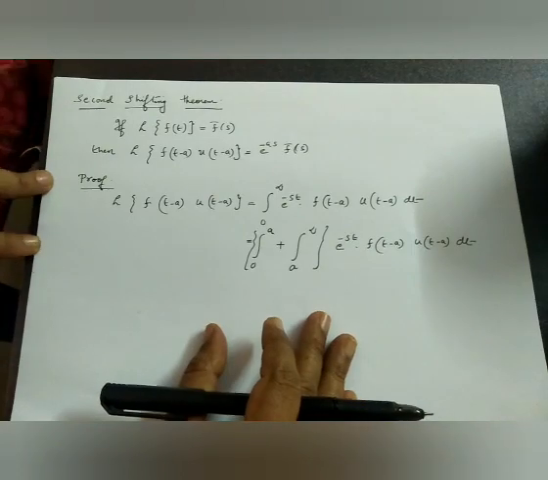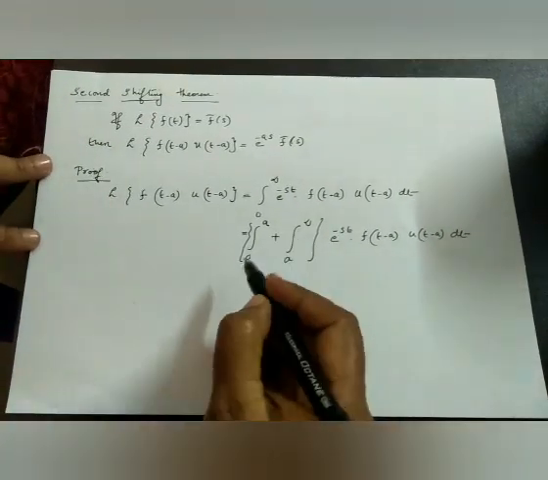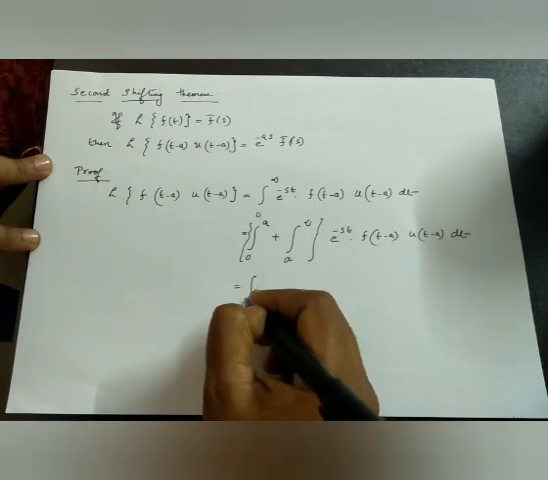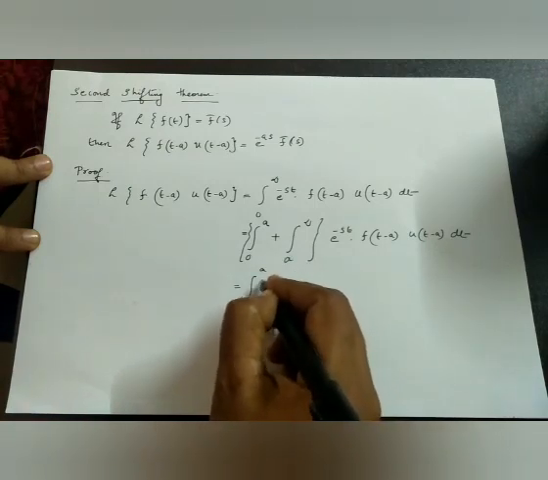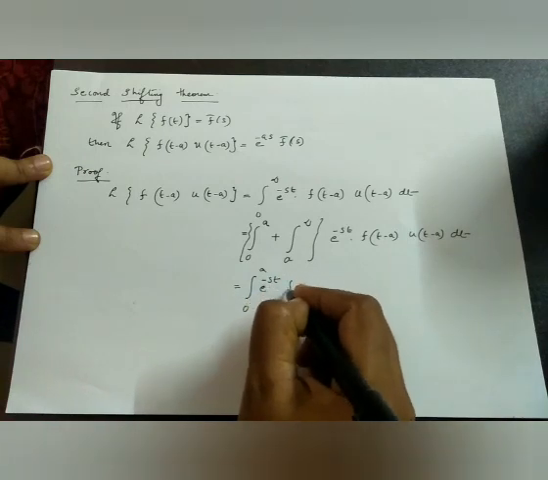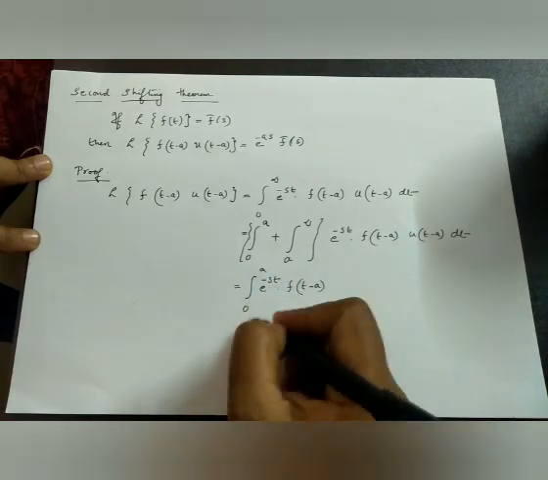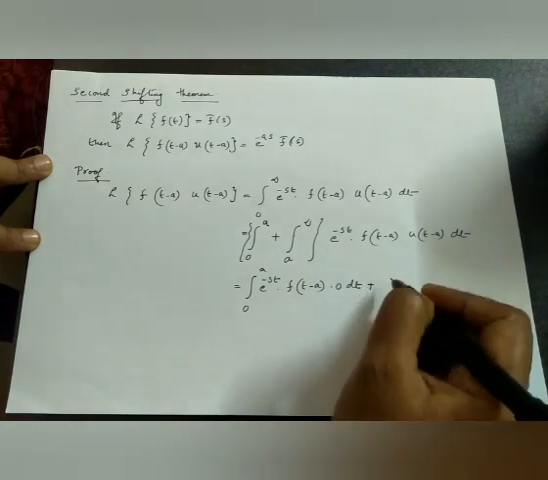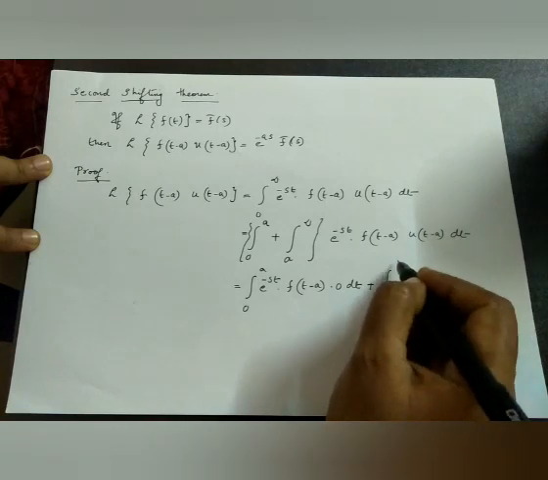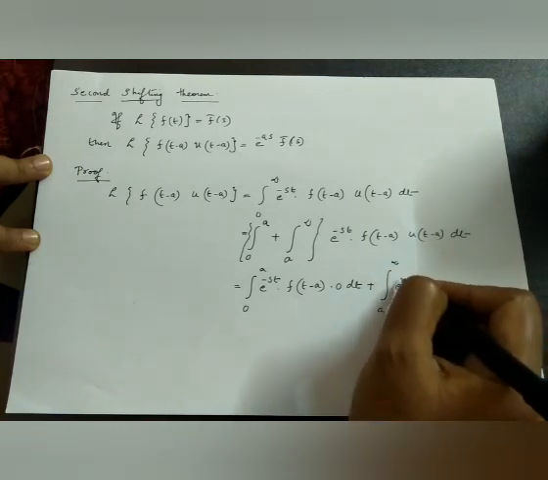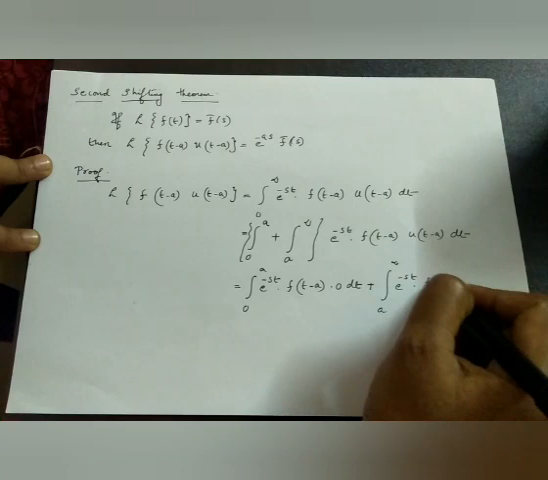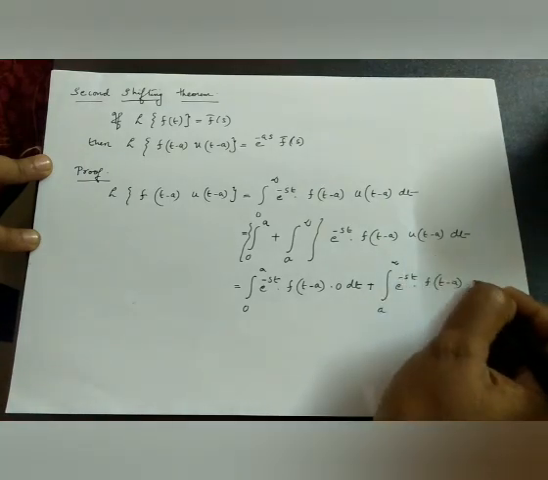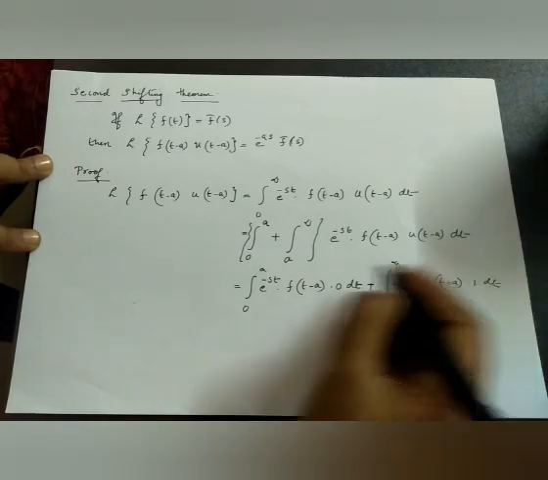Therefore, it is equal to integral from 0 to a e raised to minus st f of t minus a into, from 0 to a the value is 0, so 0 dt, plus integral from a to infinity e raised to minus st f of t minus a, u of t minus a, which from a to infinity is 1, into dt.